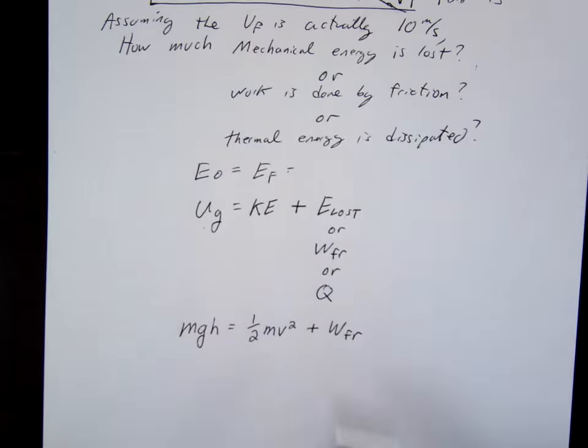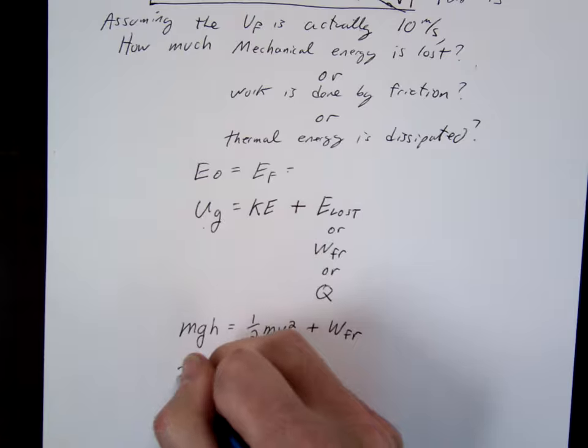Can we cancel the masses like we almost always do? No. So it's not in all three terms. Be careful. This is a very common mistake. Just blindly canceling masses. You cannot do that here.